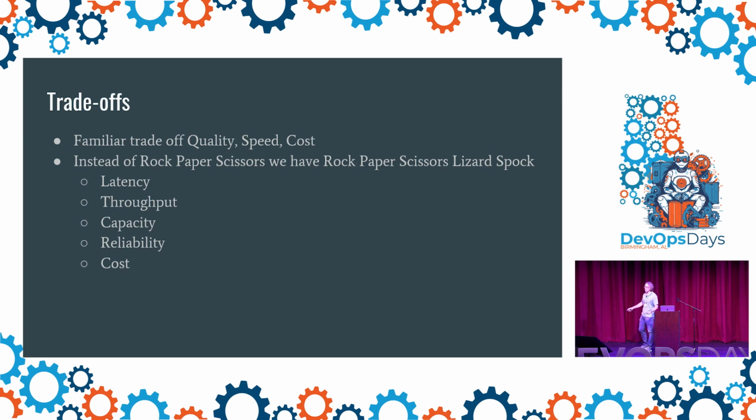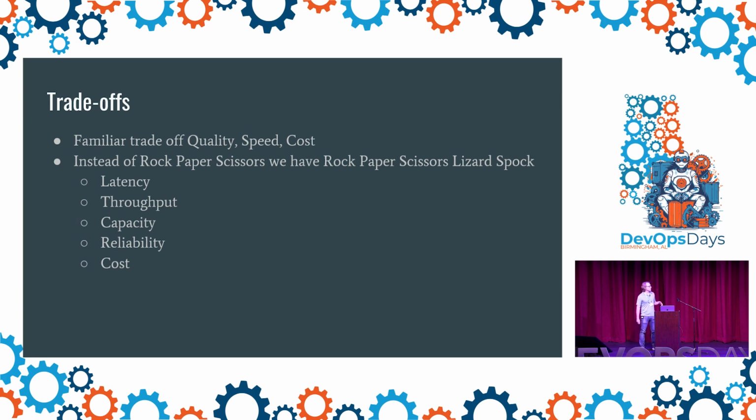Well, like most things in engineering, you achieve your goals through effective trade-offs. So if you're a project manager, you'll be familiar with the familiar trade-off of quality, speed, and cost, which you can usually have 2. You can have high quality and quick to market, but it's really expensive. Or it could be inexpensive, but the quality might not be so good. Well, with the development pipeline, we unfortunately don't have this simple rock, paper, scissors equation.